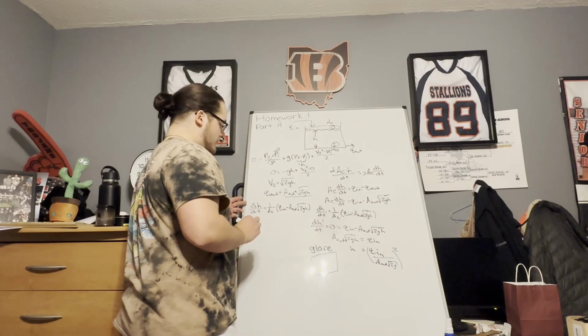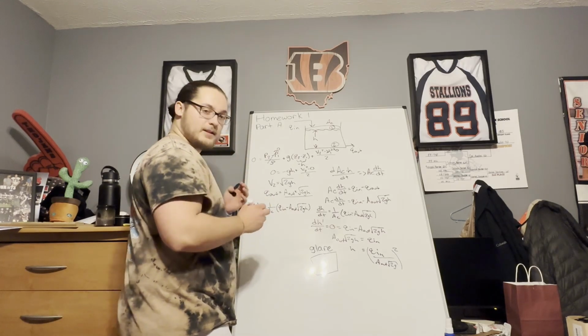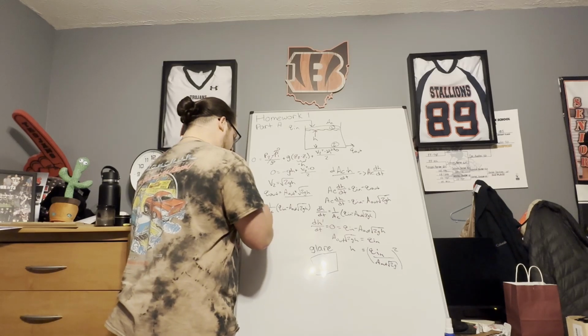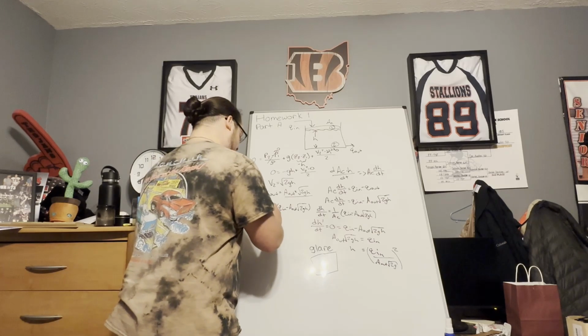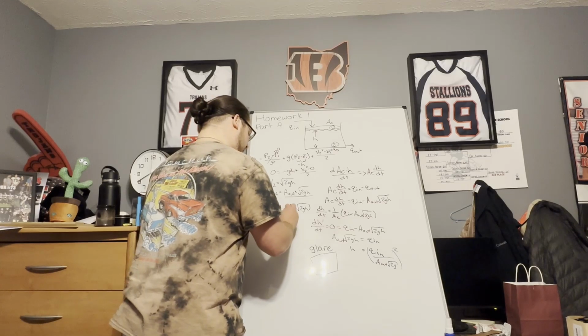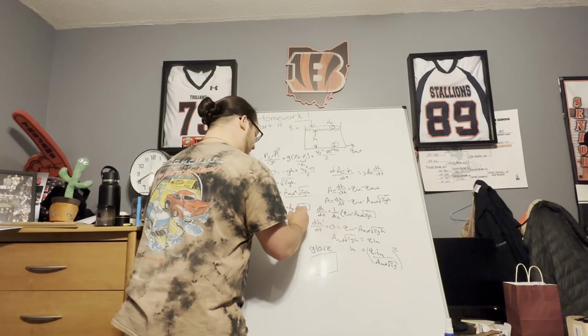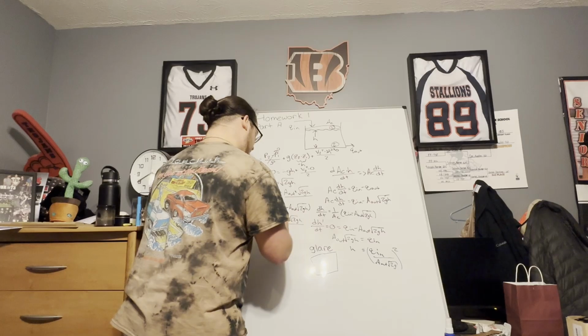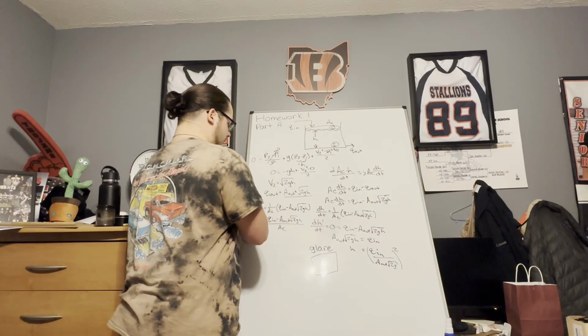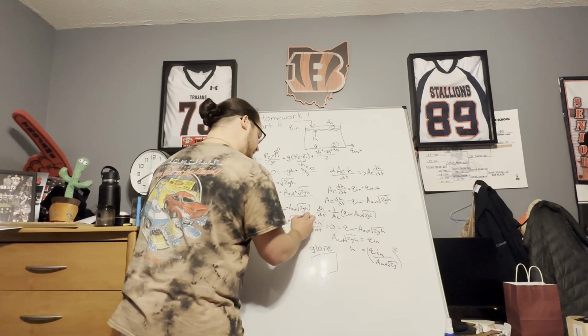And then we will just be wanting to solve for our difference in height, our delta h. So we'll have delta h is equal to the volumetric flow rate in minus our flow rate out, divided by our cross-sectional area, and then multiplied by our delta t.